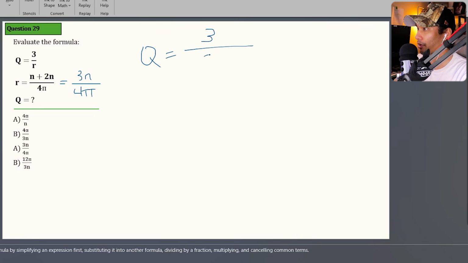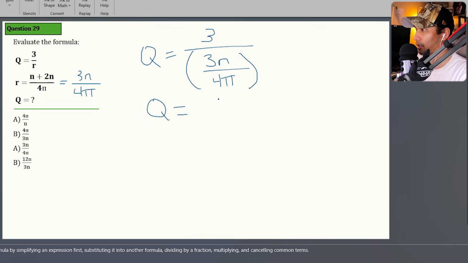And then we go 3n over 4 pi. I'm going to put this in parentheses because what you do to get rid of the denominator is multiply and then flip these. So we're going to go Q equals 3, and then I'm going to make it visually nice. So 3 times 4 pi over 3n.